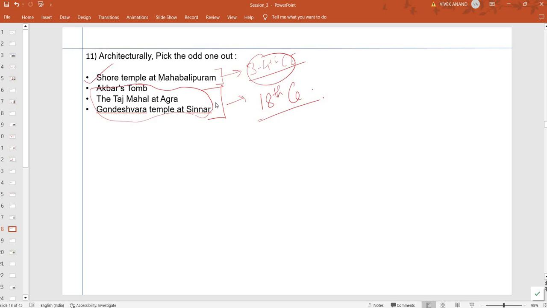Okay. Any other criteria through which you can pick anyone out? Any other criteria in which three have that common criteria and the fourth is not fitting into it? I cannot find any other criteria. If you can find, you just tell me.